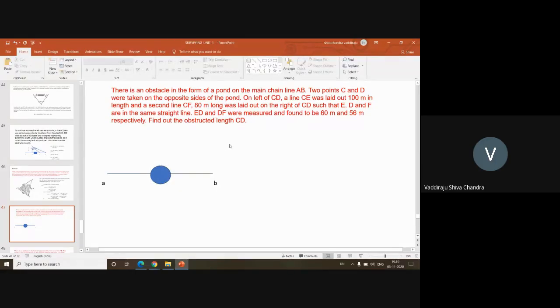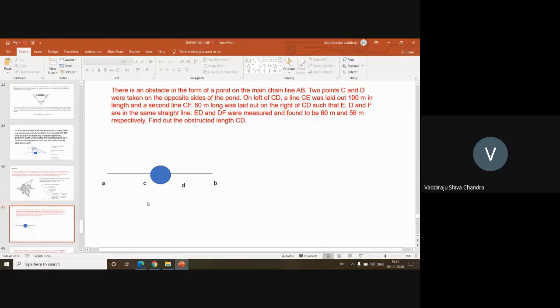So 2 points C and D were taken on the opposite sides of the pond. So he has taken 2 points on the opposite sides. So let us take this point as C, and let us take this point as D. Okay. On the left of CD, a line CE was laid out 100 meters in length.